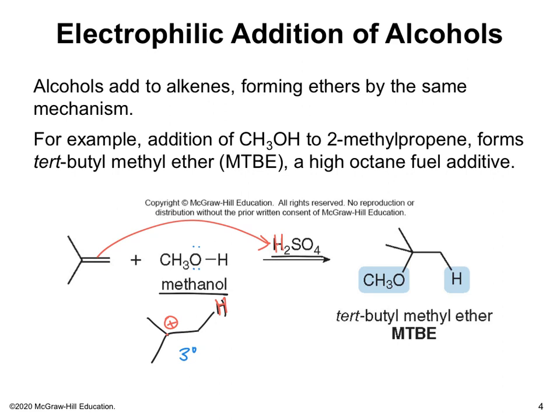It cannot rearrange because it would be less stable. Then the methanol can add, if you do this in methanol instead of water, and what you have then is this compound here, and then of course the HSO4 will deprotonate to regenerate your acid catalyst.